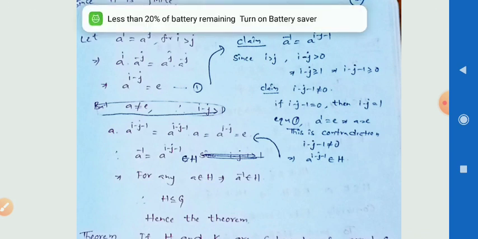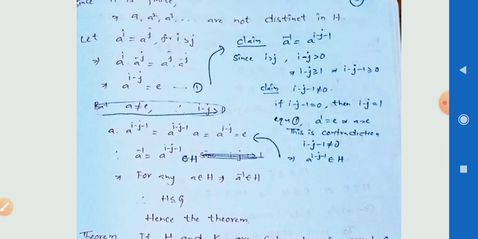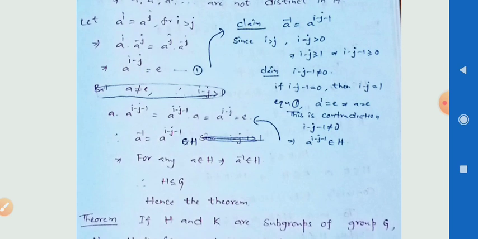If i minus j minus 1 were equal to 0, then i minus j is equal to 1. By equation 1 we get a^1 = e, which is a contradiction. Here i minus j minus 1 is not equal to 0.